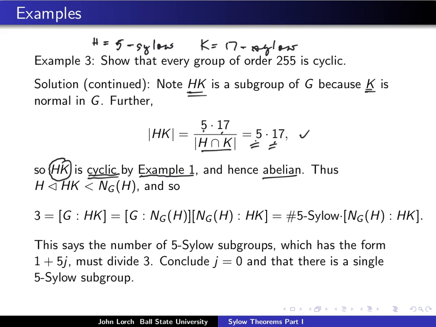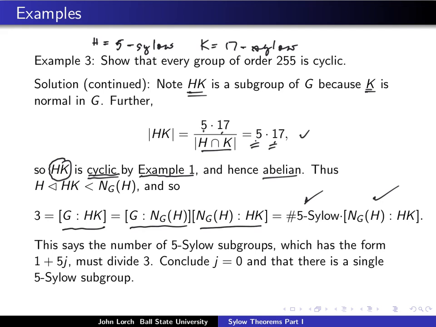So now we can set up some arithmetic involving group indices, right? Well, if I look at the index of HK in G, I can obtain that just by taking the order of G divided by the order of HK. That's equal to 3. But that index here is the product of these two indices, where the first one from the third Sylow theorem is the number of 5-Sylow subgroups, and the second one is just some number, right?